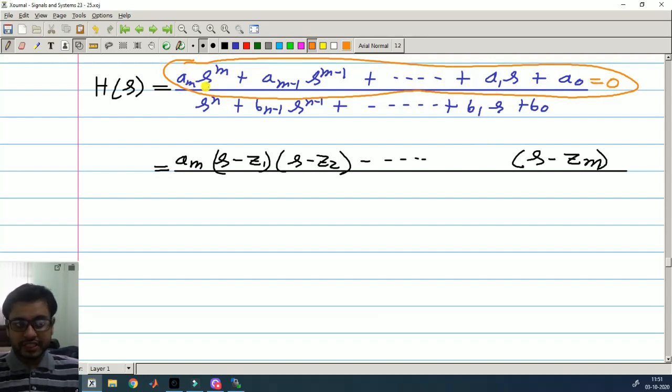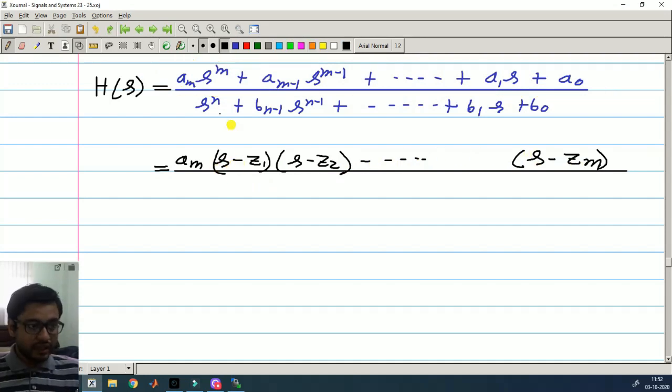If you set the numerator equal to 0 and find the roots of this equation, those are represented as z1, z2, zm. And since this is an m degree polynomial, we will get m roots, and you can factorize this into m factors like this.